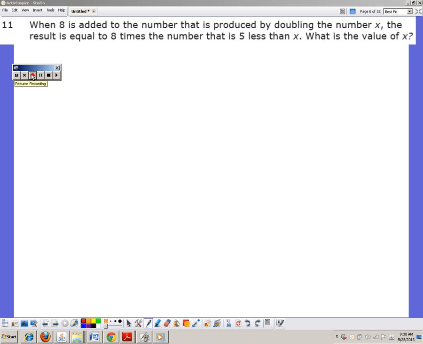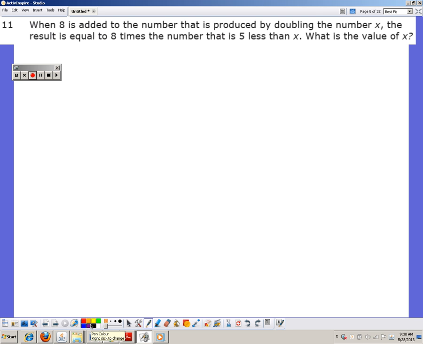There are a lot of word problems on the EOG. You have to break them down. When 8 is added to the number that is produced by doubling the number x, the result is equal to 8 times the number that is 5 less than x. What's the value of x? So first, let's break down that very first sentence.